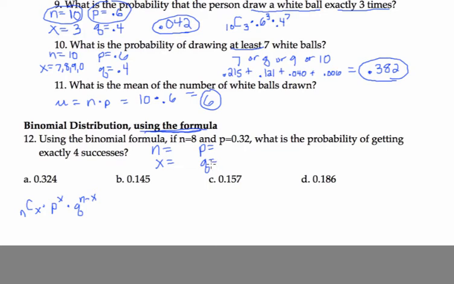N equals 8. X, how many successes are we looking for? Exactly 4, so X is 4. P, 0.32, the probability of success. So Q is the probability of not success, so you do 1 minus 0.32, you get 0.68, and you plug all those things into your formula.